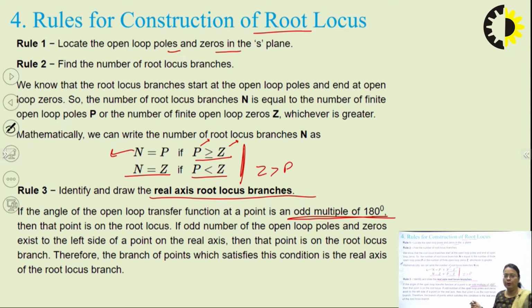If an odd number of open loop poles and zeros exist on the right side of a point on the real axis, then the point is on the root locus branch. So the branch of the root locus which satisfies the condition is the real axis root locus branch.